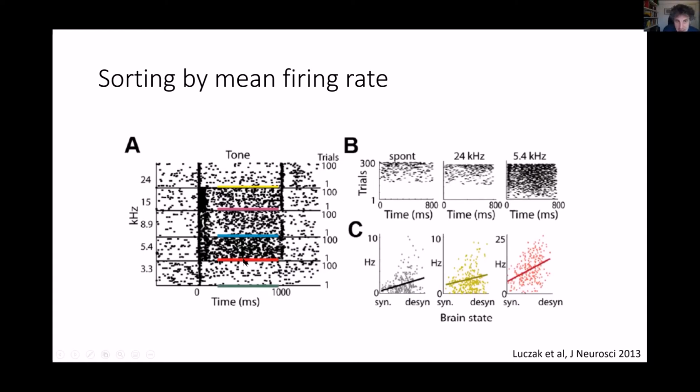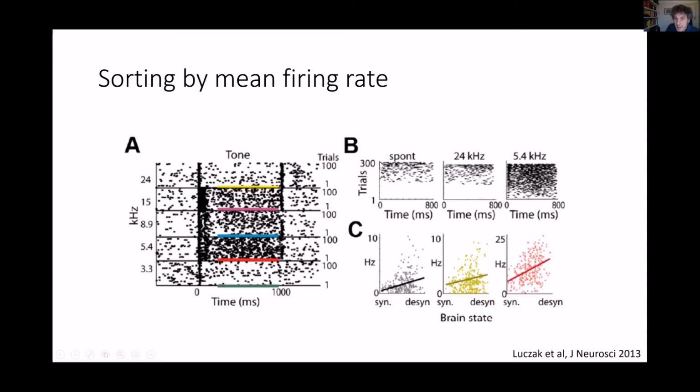It seems to be just pretty unstructured, but if you look now at the sustained response, you take the firing rate during this period, the sustained period, and you sort your trials rather than by the order that they were presented in, you sort them by the firing rate, you see this very strong pattern that there's a huge variability in firing rate.